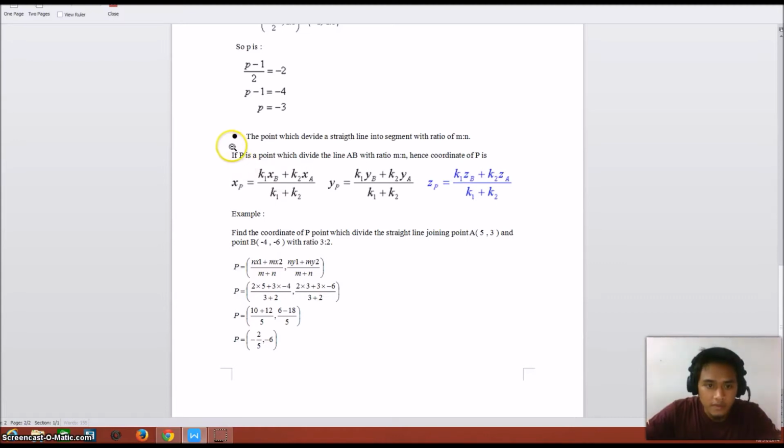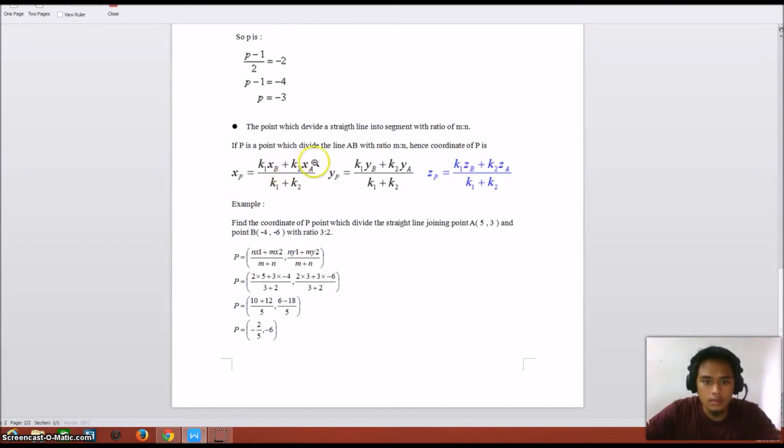One example here: if P is a point which divides the line AB with ratio m/n, hence the coordinate of P is, okay, this formula for the x value and y value, and this z value is applied when we want to find the point in three dimensions. Okay, (n x1 plus m x2) divided by the sum of its ratio, same goes with the y value here, (n y1 plus m y2) divided by its ratio.